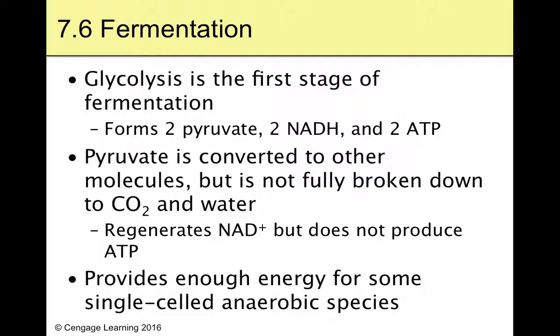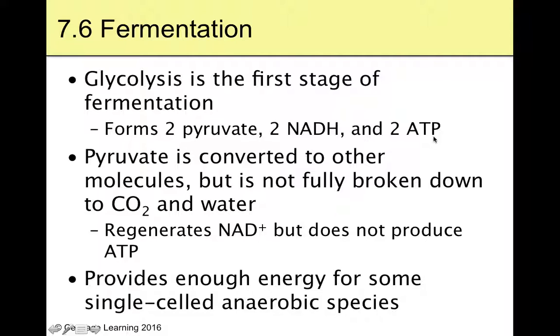So this section is called fermentation. Fermentation is an energy production pathway that still starts with glycolysis. We still have that first stage in the cytoplasm, and you still have glucose, and you still make pyruvate, you still make NADH, you still net 2 ATP overall.